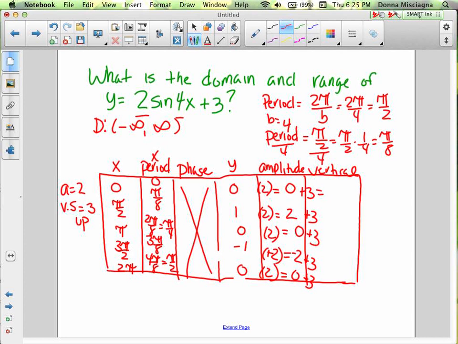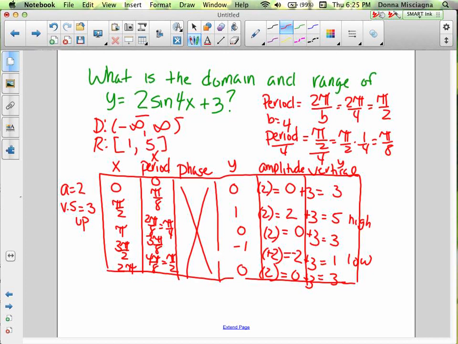That would be 0 plus 3 is 3, 2 plus 3 is 5, 0 plus 3 is 3, negative 2 plus 3 is 1, and 0 plus 3 is 3. And this gives you your range. Here's our low value, here's our high value. If we were graphing, these would be our y values. So the range, and this does have a bracket because the graph does go through these values, is 1 to 5.